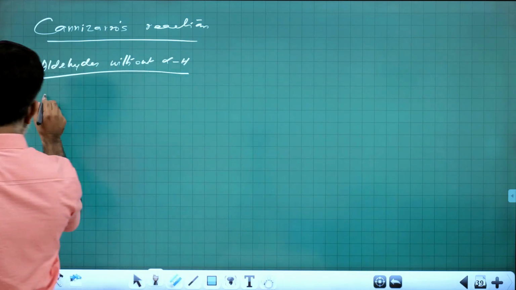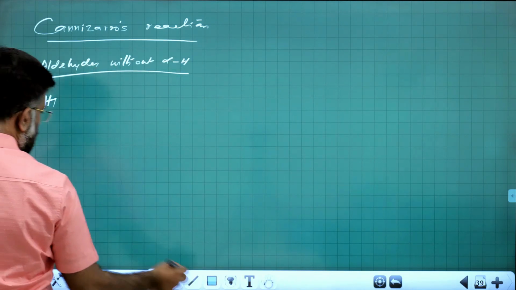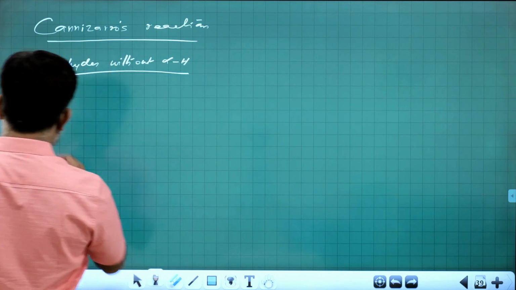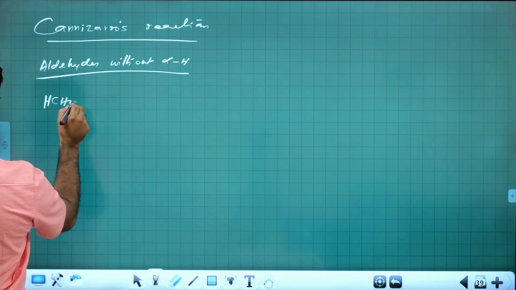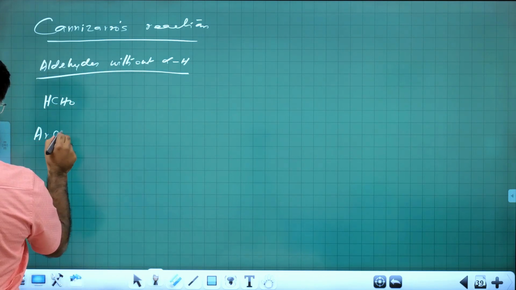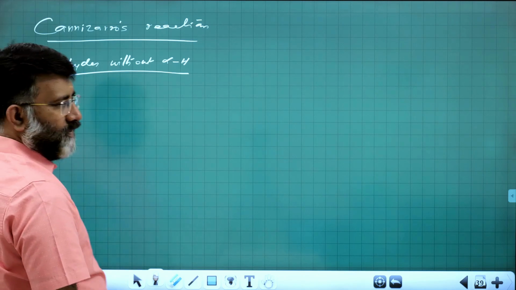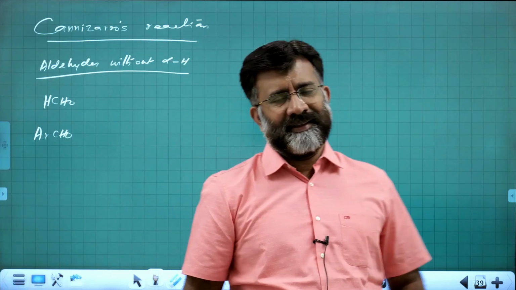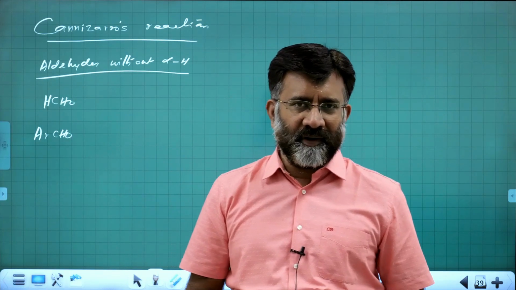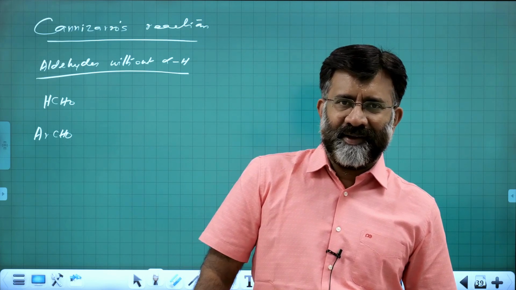Example, if you take formaldehyde, formaldehyde does not contain any alpha hydrogen, not even an alpha carbon. If you take benzaldehyde, benzaldehyde contains an alpha carbon but no alpha hydrogen.